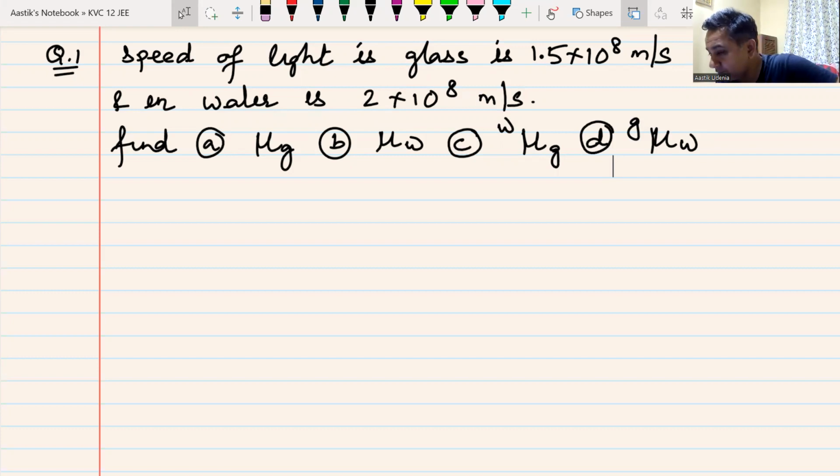Refractive index of water is 1.5. Okay. What about the third one? 3/4. What about the fourth one? 4/3. Okay, that is great.